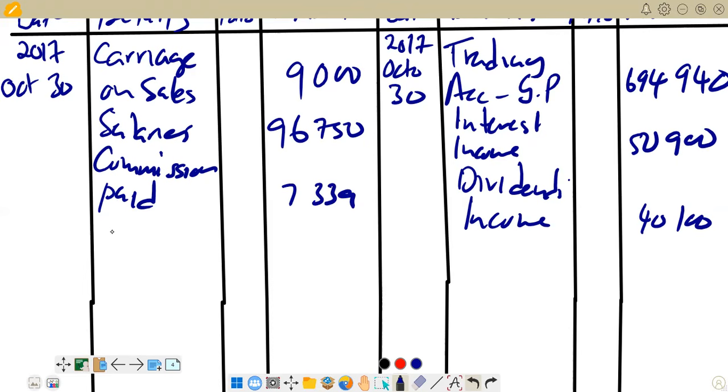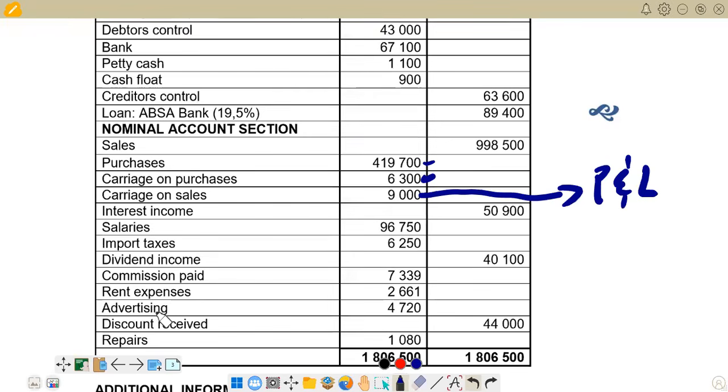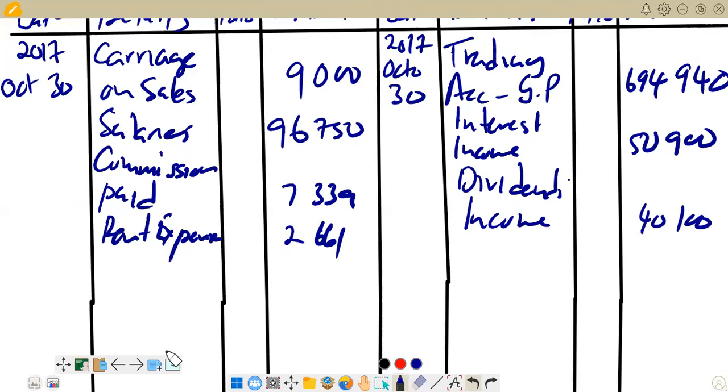And also we have got our rent expense, and the figure that we have there is 2,761. Then we go and check what we have next. We also have advertising, which is 4,720, sorry, 4,720.